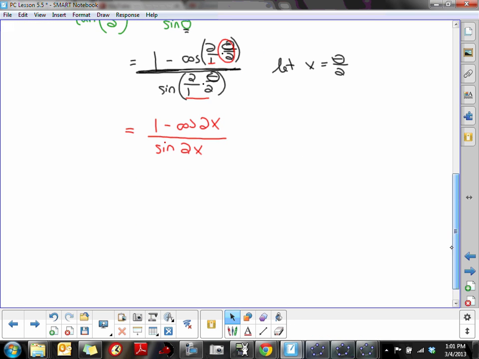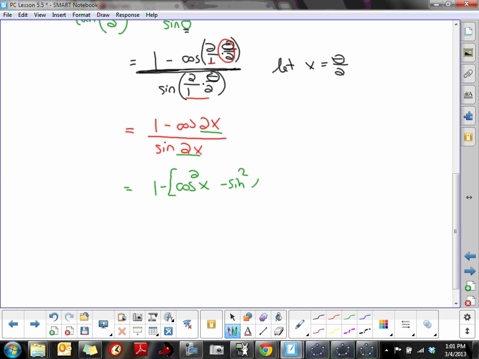Okay, now what we're going to utilize in this one is our double angle identities. So it's 1 minus the cosine of, a double angle identity is cosine squared of x minus sine squared of x. You saw me sneak the brackets in there because it's got to be 1 minus the quantity, and I'm making a substitution for a double angle, which has 3 different versions. I just chose this version.